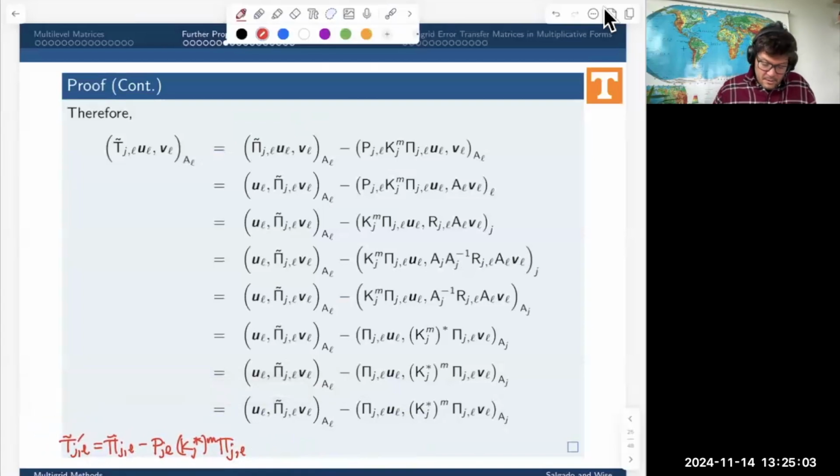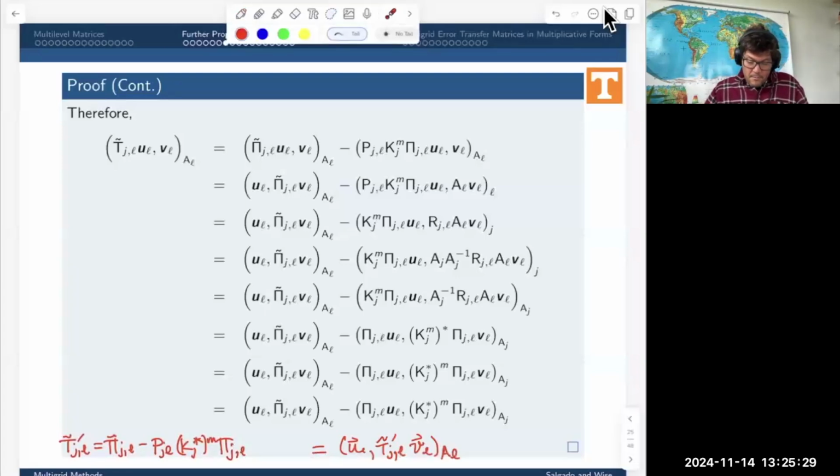In other words, what I want to conclude is that I have UL PJL tilde prime VL, and I have to have it resolving in AL. So how do I do that? Well, what I need to do is write out the definition of this guy. So I need a little bit more work.